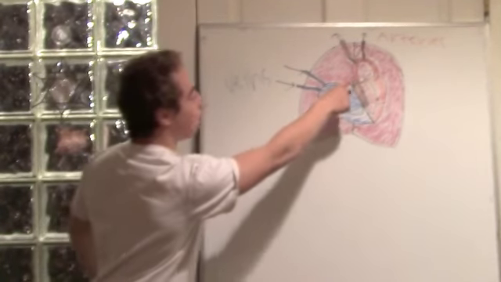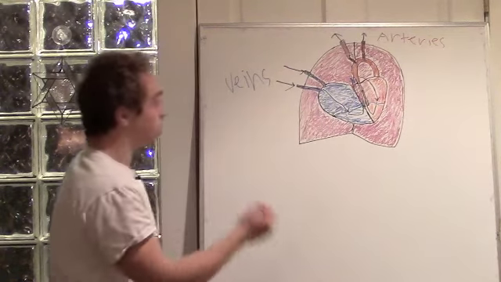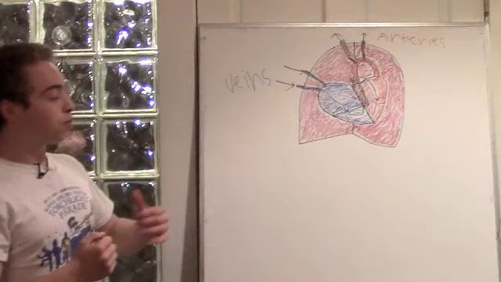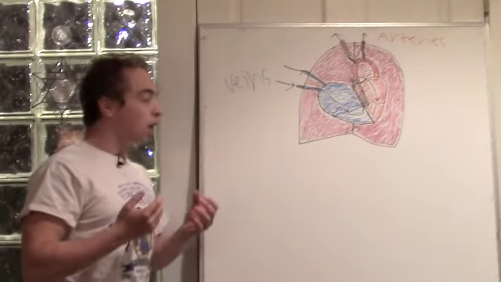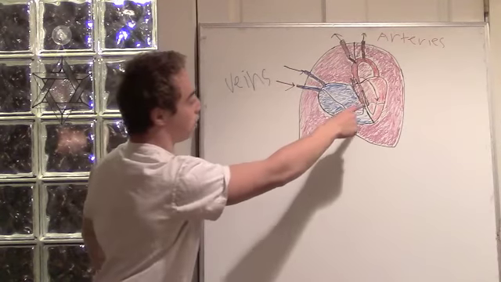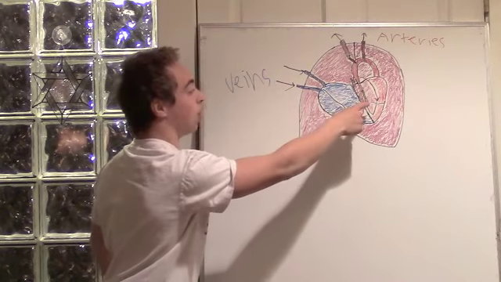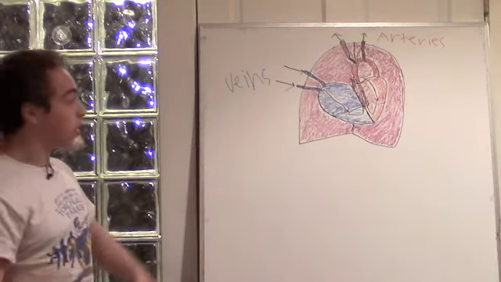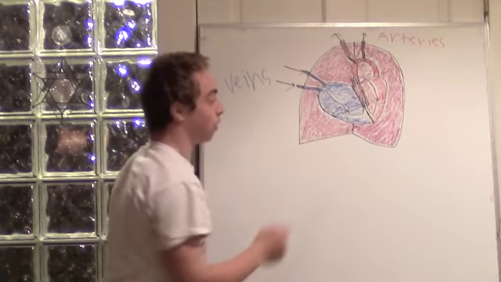So then the now oxygenated blood flows into the left atrium. The left atrium is again a holding chamber for the blood. Then the oxygenated blood flows through the mitral valve, which again keeps the blood going one way, into the left ventricle.